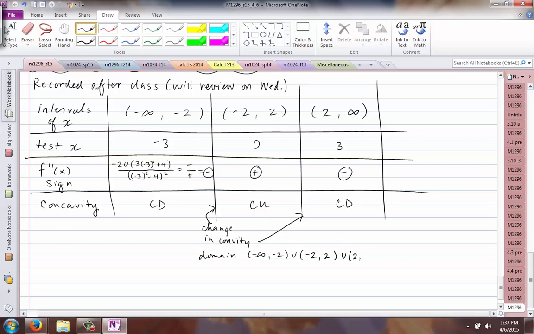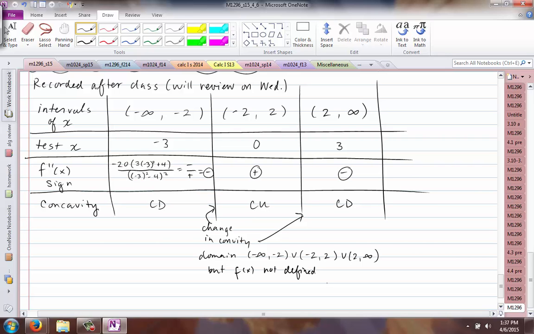So there are a lot of different ways you could realize that we have a change in concavity here, but the function's not defined here. And then we discovered with our limits that we have some vertical asymptotes there. But anyway you do it, there are a lot of ways to slice and dice this, but basically we don't have inflection points here because there's no point defined at negative 2 and 2.